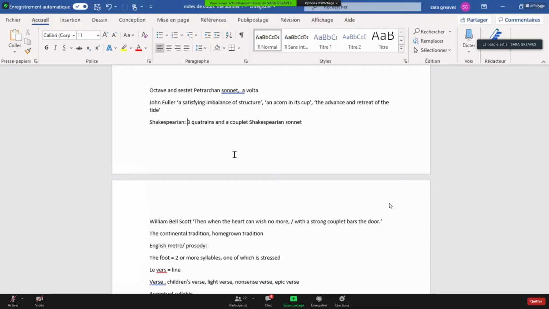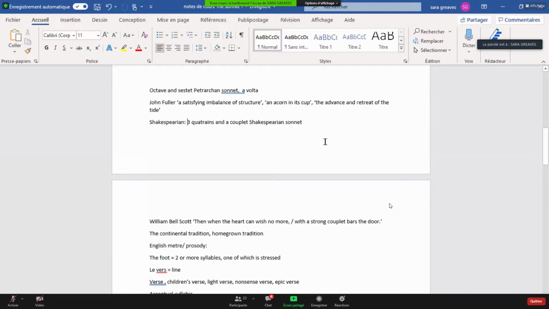Okay, I'm sure you've seen many examples of those over the past few weeks, and just to quote a poet quoted by John Fuller in his preface, to convey the idea that by contrast with the Petrarchan sonnet, the Shakespearean has this couplet at the end, which seems to provide a much stronger closure, a sense of ending, a clear-cut, closed ending.